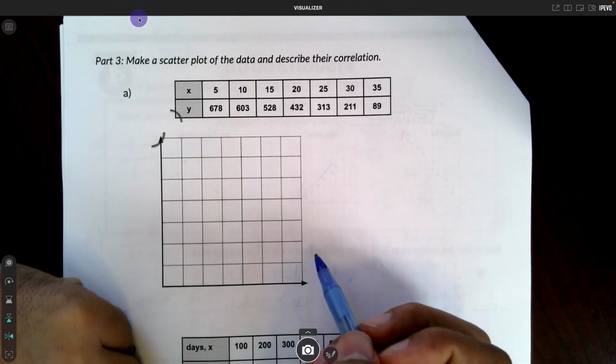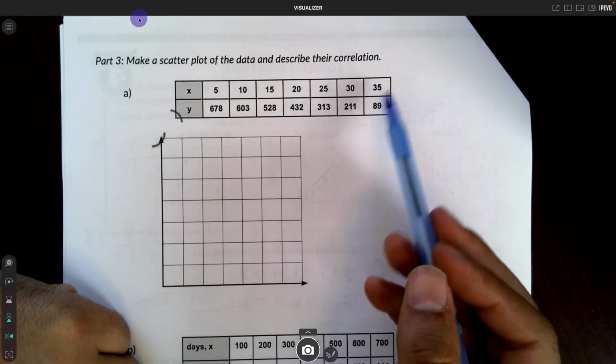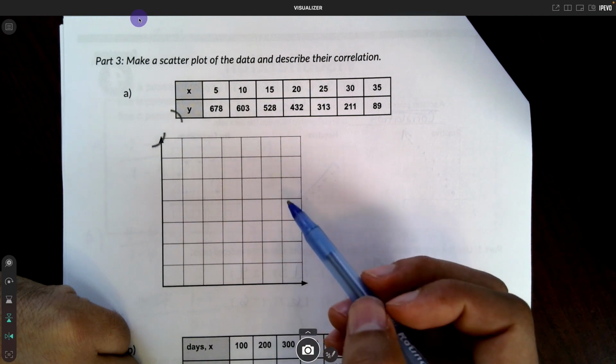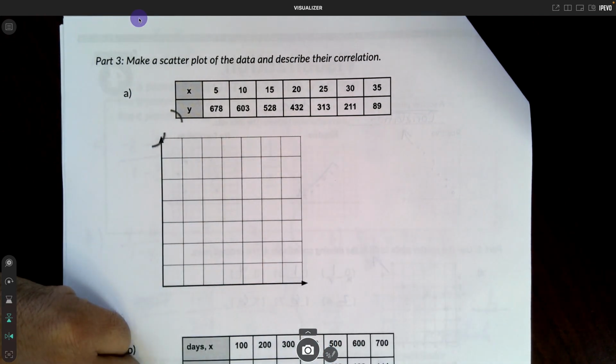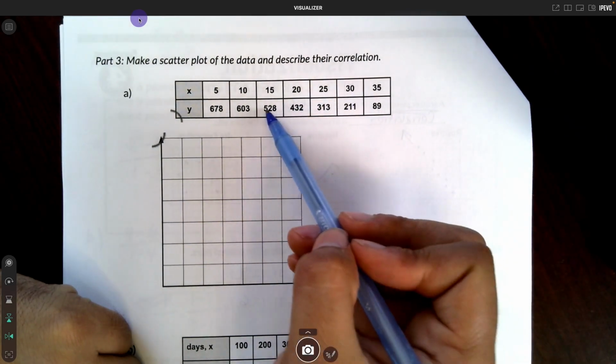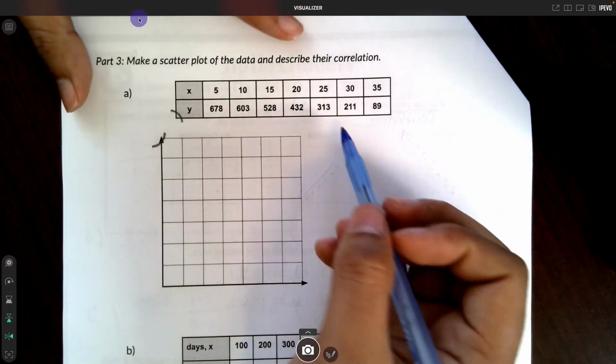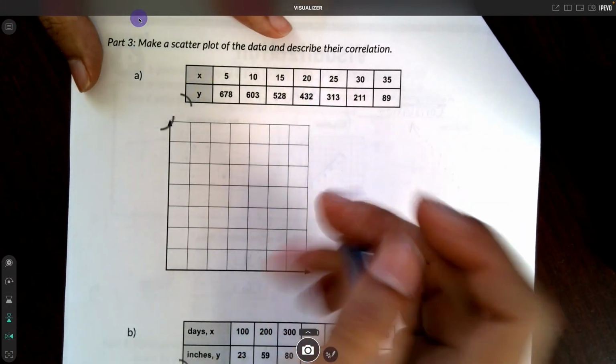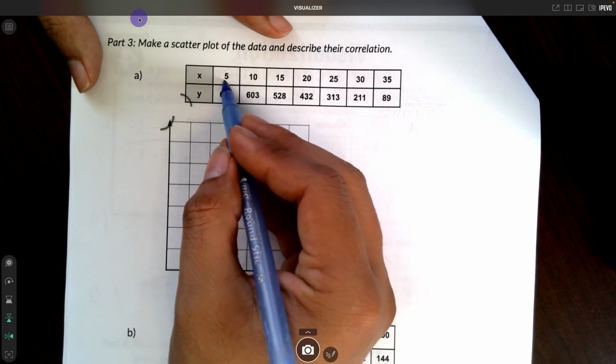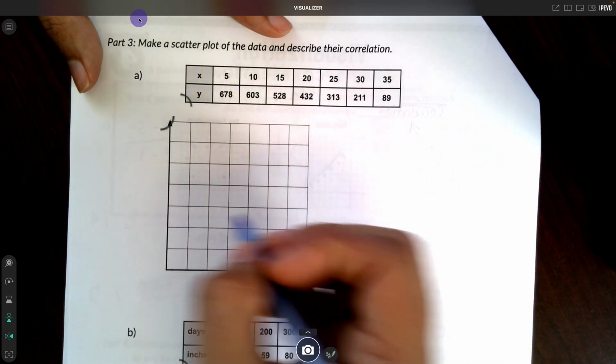So let's make a scatter plot and describe the correlation. This doesn't say what it's about. That's interesting, but it might be frequencies. I recognize these 2 frequencies, but I don't recognize the rest. So either way, x goes up in 5s.